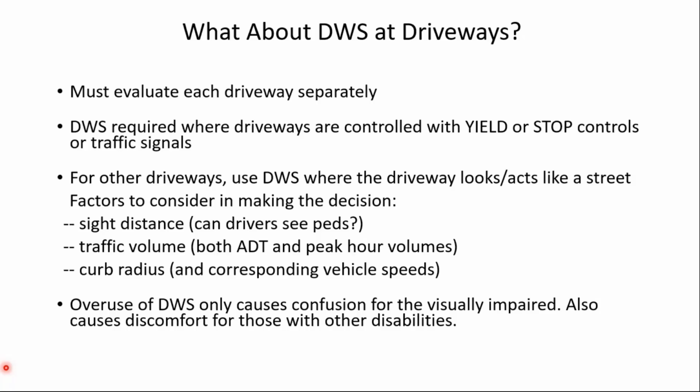But whatever you do, document it and keep in mind that it is possible to overuse the detectable warning surfaces such that they can cause confusion for the visually impaired. Those surfaces also do cause discomfort for individuals in wheelchairs with certain types of spinal cord injuries, and may also make it difficult for people, for example, with walkers to navigate that section of sidewalk.